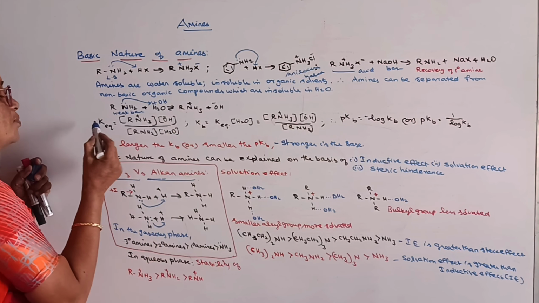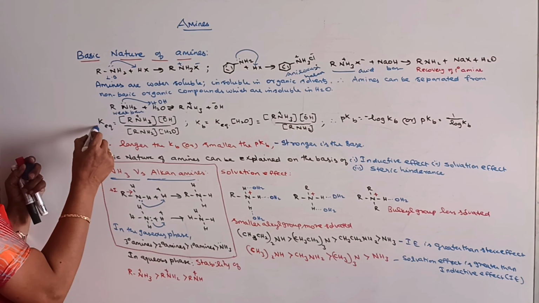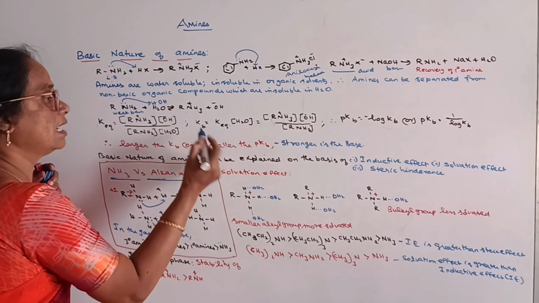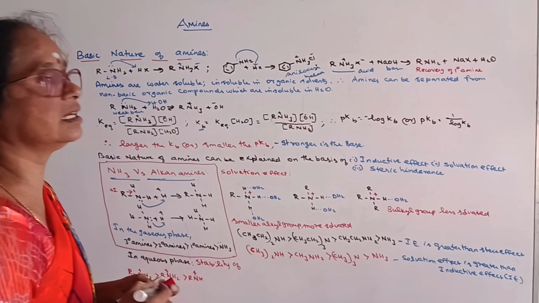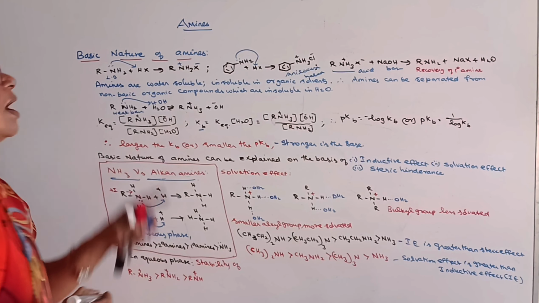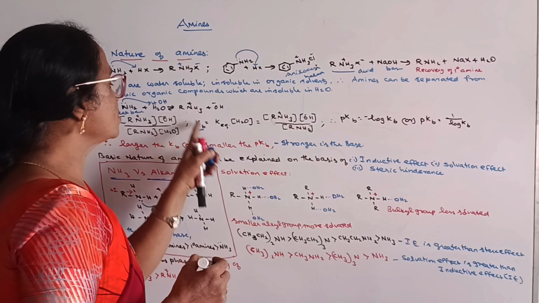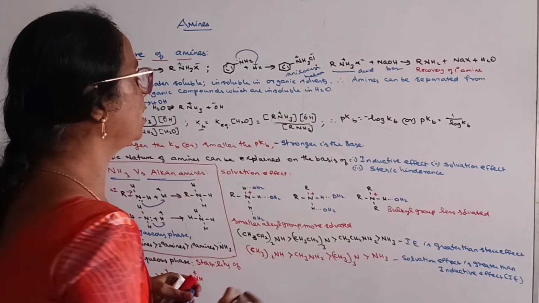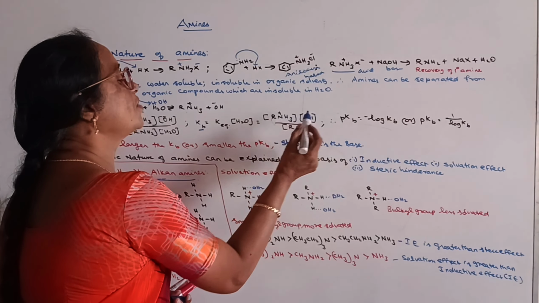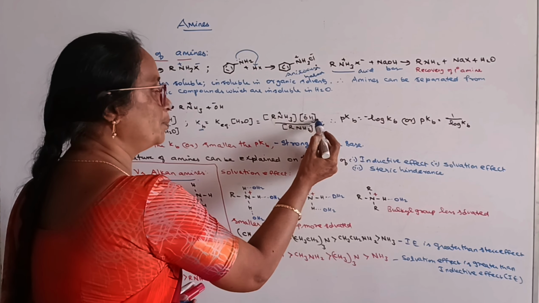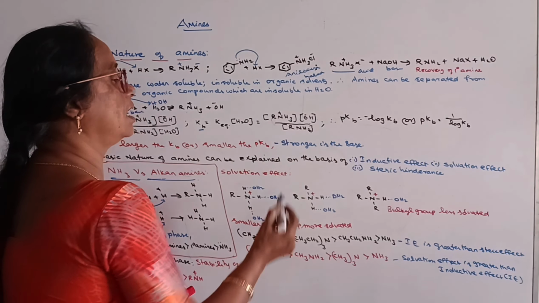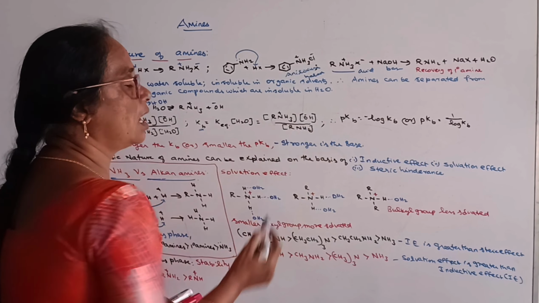When water is multiplied with the K equilibrium, we get another constant. It is known as the dissociation constant of base, B for base. So the dissociation constant of base Kb is given by the product of concentration of alkyl ammonium ion and concentration of hydroxyl ion divided by the concentration of amine.